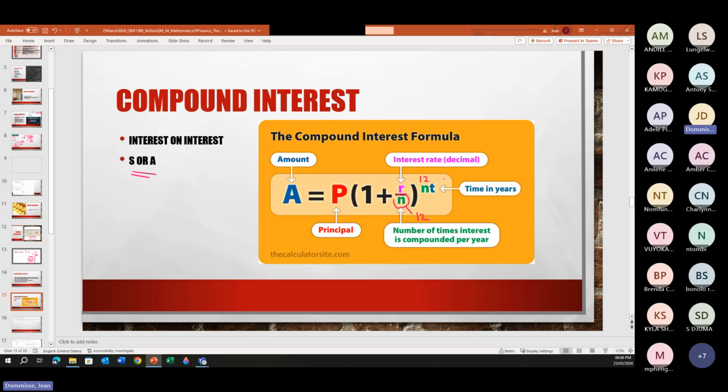So when we make it monthly, quarterly or half yearly, it is very important to use the number of times per year that something happens.